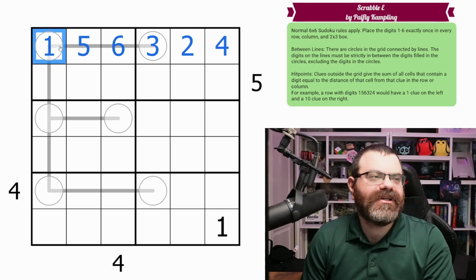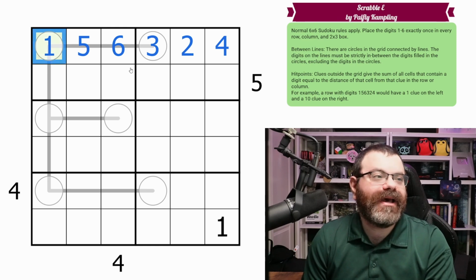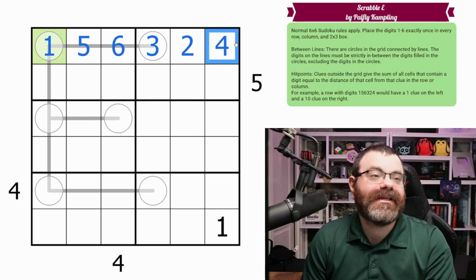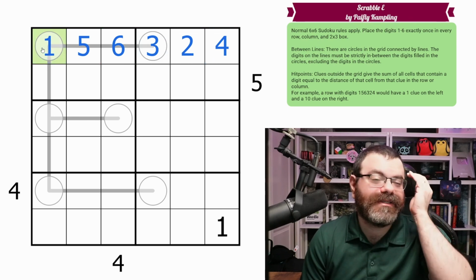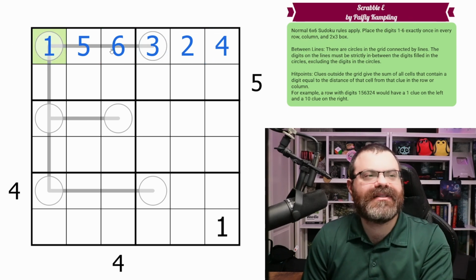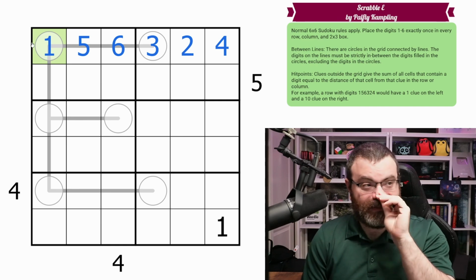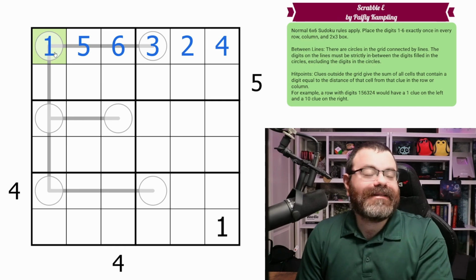So let's first of all highlight. If we had a clue on the left here, let's highlight every digit that's the same as its distance from that clue. So this is 1 away. This is not 5 away. This is 2, 3, 4, 5, 6. So the 1 is the only one that matches the distance. So what we do is we take the sum of all the ones that are that distance, and that sum is 1.